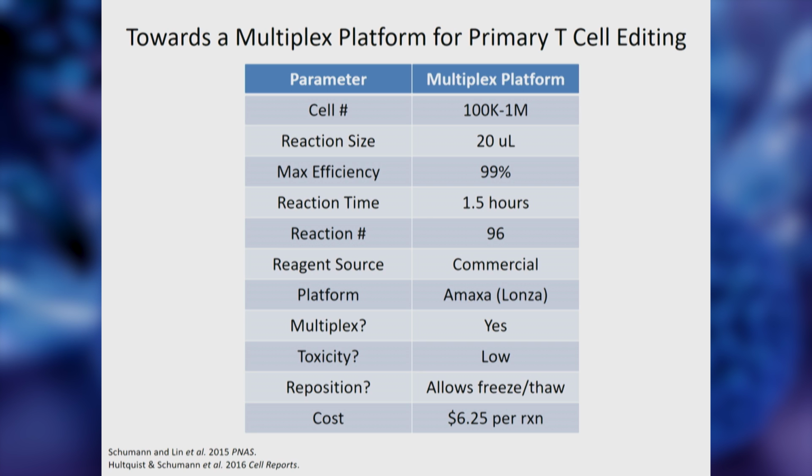Each reaction only takes an hour and a half, and we're doing this in 96-well format using completely commercially available reagents, currently the Amaxa platform, with very low toxicity. It allows multiplexing, so you can make double, triple, even quadruple knockouts all at the same time, and it allows for freeze-thaw for ready storage at a cost of about $6.25 per reaction. So we really think we've finally developed a platform that allows us to begin doing high-throughput genome engineering in primary T cells.